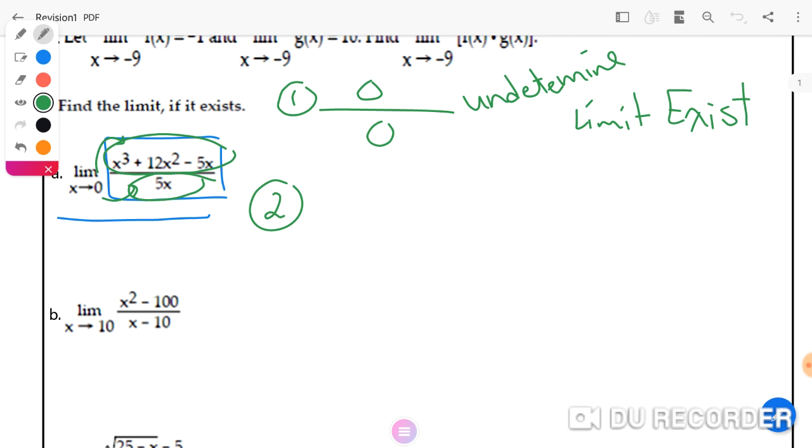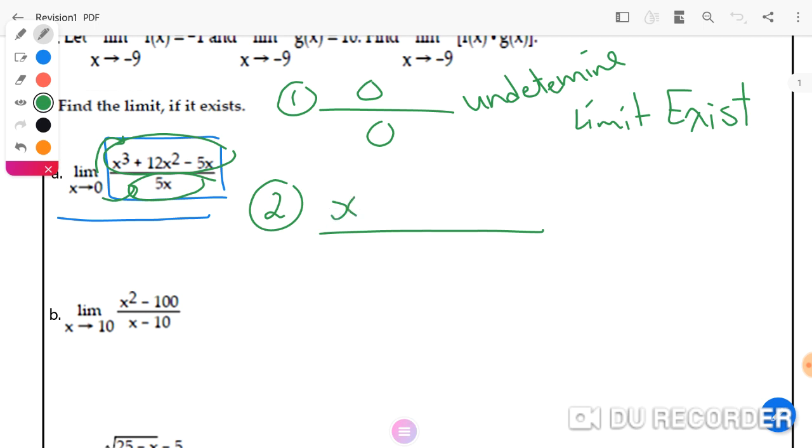But in this case, it's easier for you to use the common factor. Factorizing. The first step I have to think of when we factorize is the common factor. In this case, as you see in the numerator, we have x as a common factor.